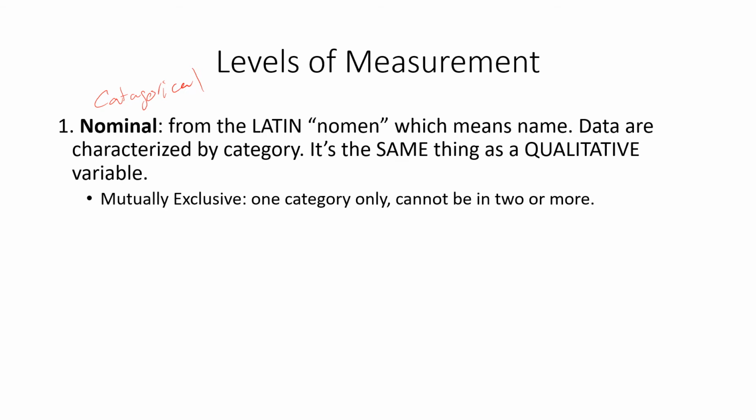You're going to have things like I said before: Ford, Chevy, Toyota, that would be a nominal variable. American, Canadian, Mexican, nominal variable. When we have a nominal level of measurement, it's always going to have mutually exclusive categories. Mutually exclusive means any individual observation cannot be in two or more categories.